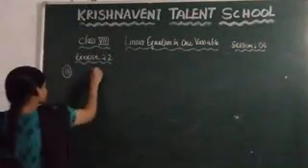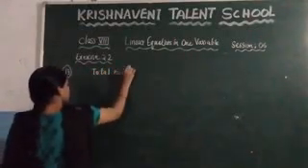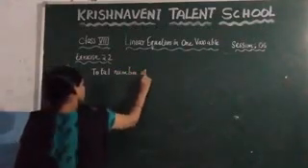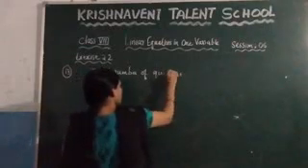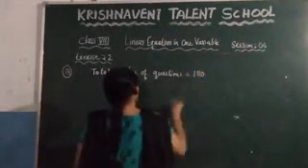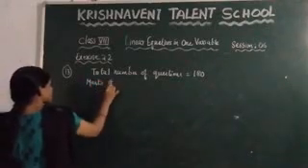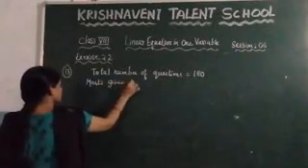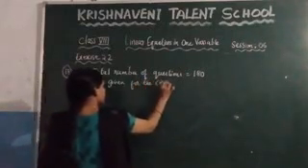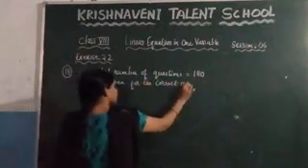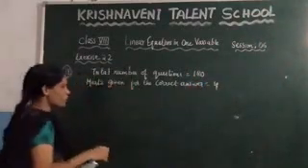So what's given here? Total number of questions. How many questions are there? Total 180, and marks given for the correct answer. How many marks they have given for the correct answers? 4 marks.